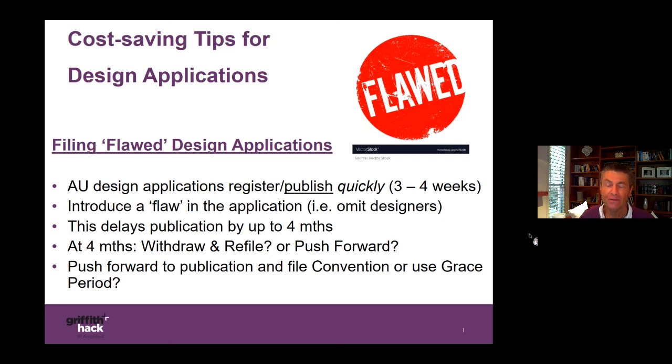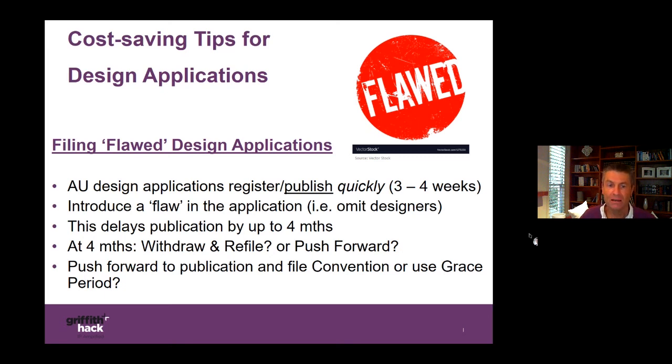And again, if you do push forward, take it through to registration, and then it gets published, you can then make a choice as to whether you do file a convention application, so file your 6-month overseas applications from your original Australian filing, or again, as I was alluding to previously, you make use of the grace period. In either case, you've bought yourself additional time before you have to make the serious decisions in terms of cash outlays for overseas filings.